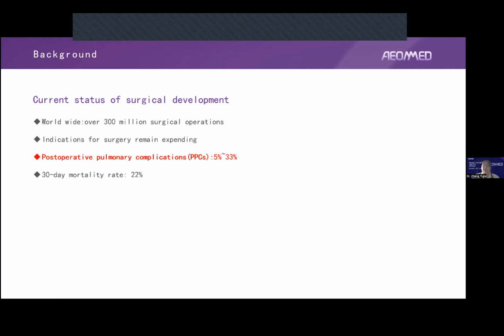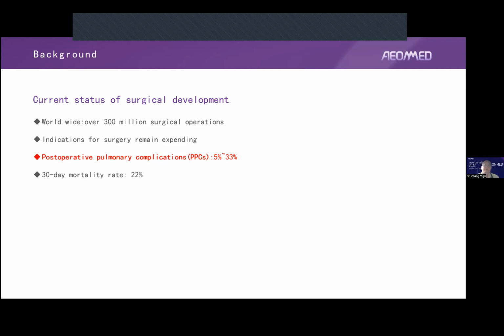Thus we face a lot of different patients with more complicated situations. The postoperative pulmonary complication, PPC, rate is about 5% to 33%, and it's even higher in specific surgeries like neurosurgery, cardiac surgery or thoracic surgery. It is a very high rate.